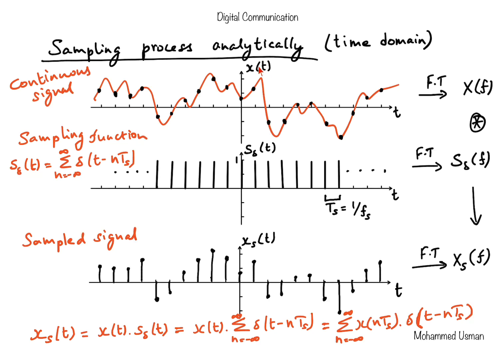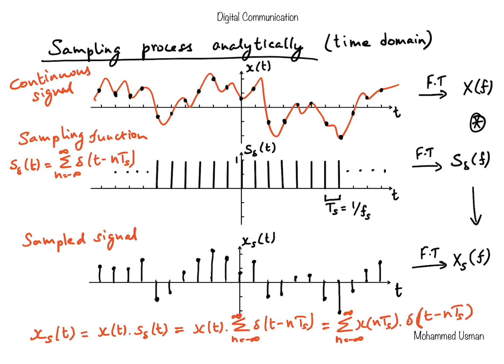By multiplying these two signals, the original continuous signal and the impulse train, we get our sample signal. So that's the time domain representation of the sampling process. And therefore, analytically, we can write the expression for the sample signal as the product of the continuous signal and the sampling function.